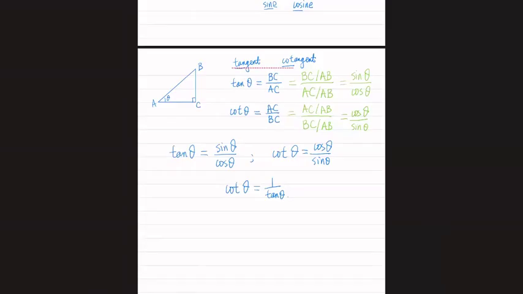Now, two special cases. What happens if theta becomes smaller and smaller? Theta goes to 0.